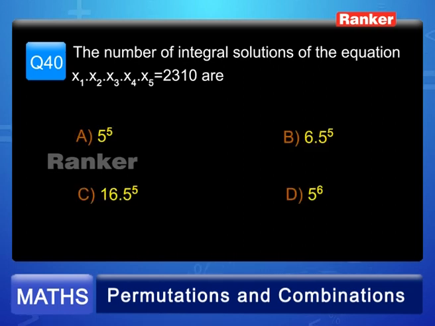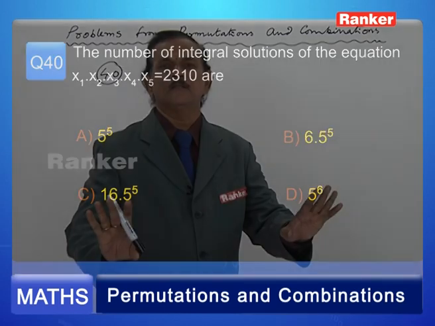The number of integral solutions of the equation x1 into x2 into x3 into x4 into x5 is 2310. He has said integral solutions only.